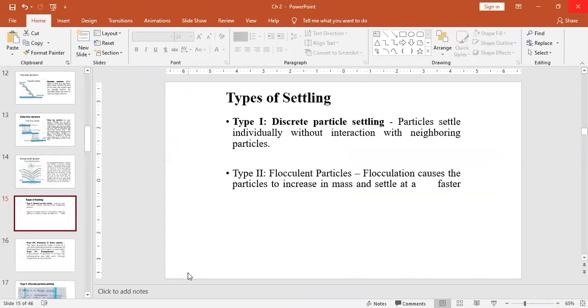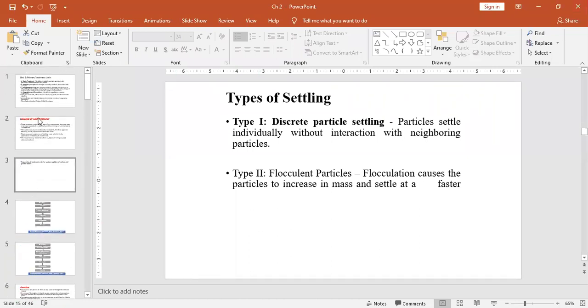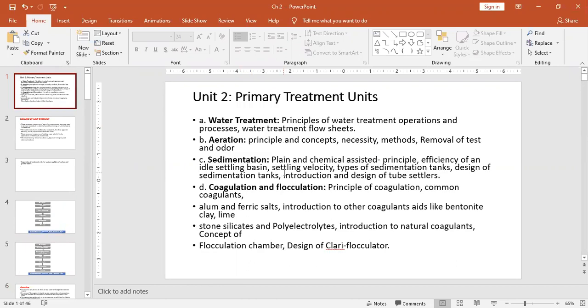Now we will move to the next point, that is settling. Next topic in your syllabus, you can see sedimentation.